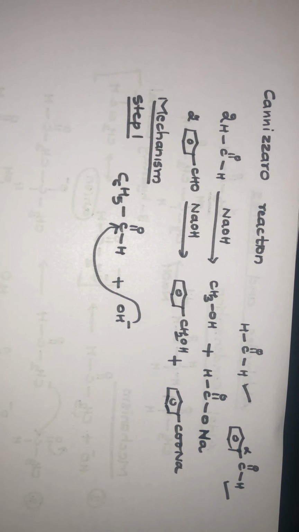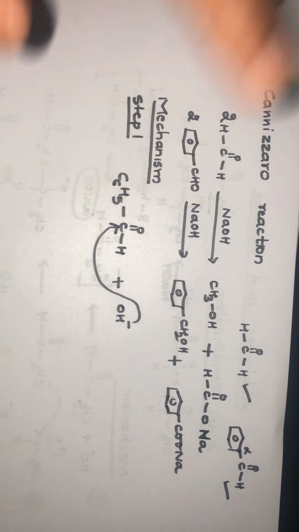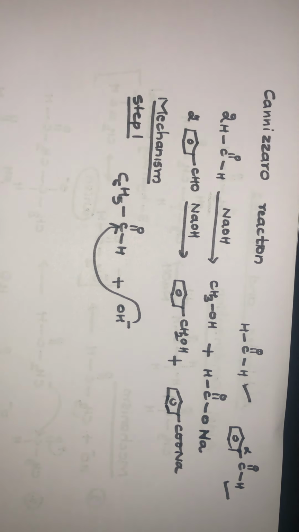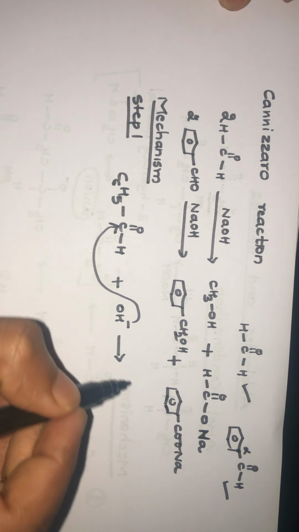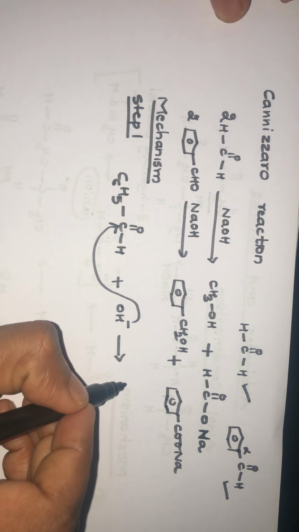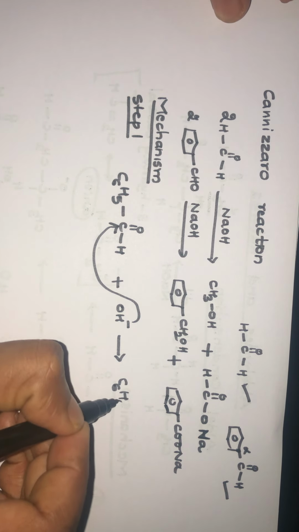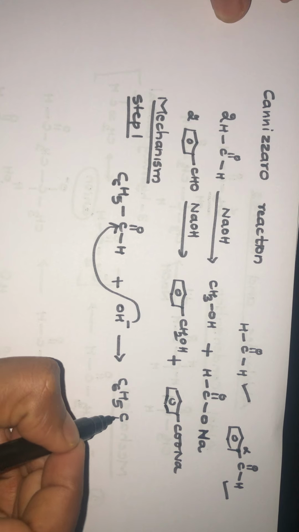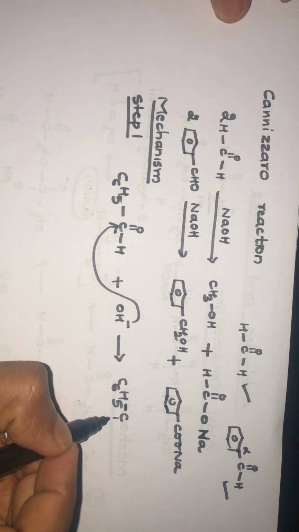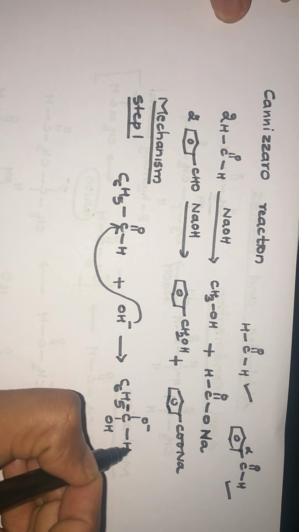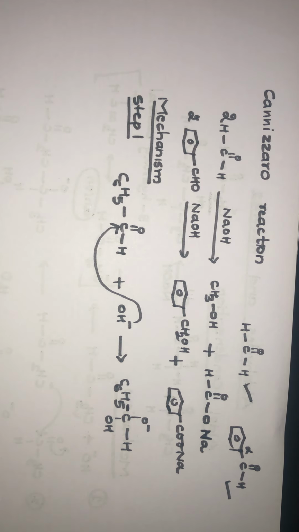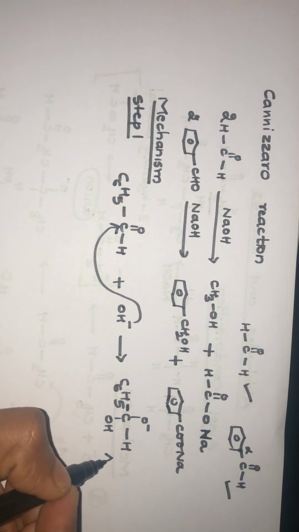In the earlier case, it was to abstract the proton because there was an alpha hydrogen, which is acidic in nature. Here there is no alpha hydrogen, so OH minus directly attacks the carbonyl carbon, resulting in the formation of this anion, C6H5 C H double bond O minus and H. This anion A is formed.